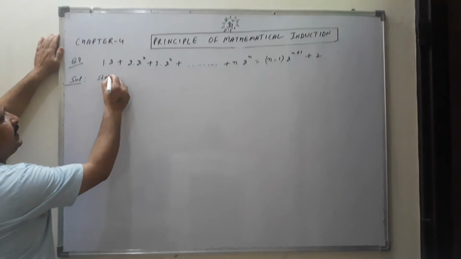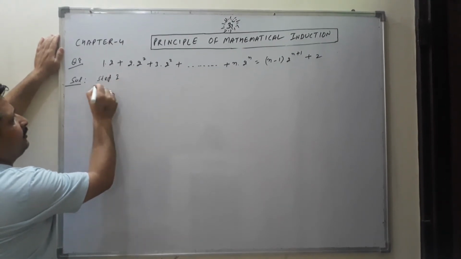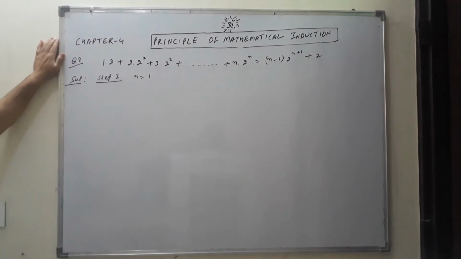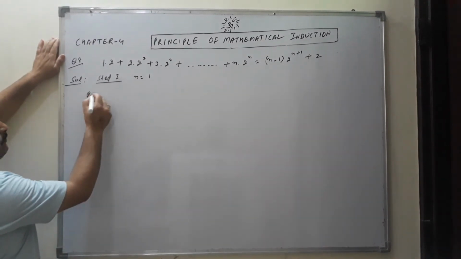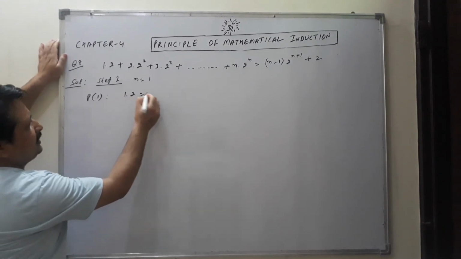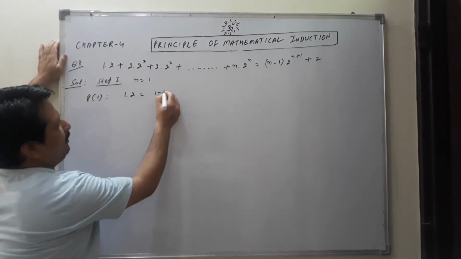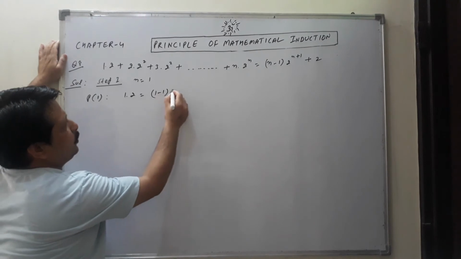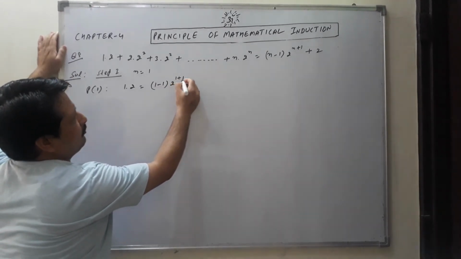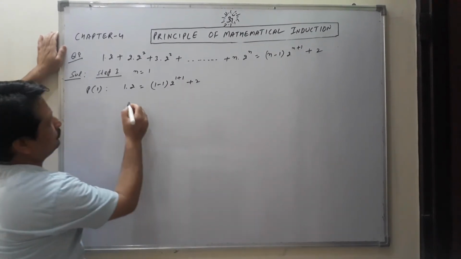Once again, students, let us come with step number 1, that is n equal to 1. So we can say that for n equal to 1, 1 into 2 is equal to (1 minus 1) into 2 to the power (1 plus 1), plus 2.